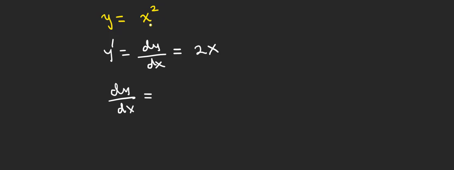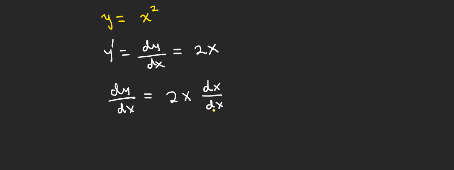Now what's the derivative of x squared with respect to x? That's going to be 2x. And using the chain rule, what is the derivative of x with respect to x? It's going to be dx over dx. Here we had dy over dx because you were taking the derivative of y with respect to x.